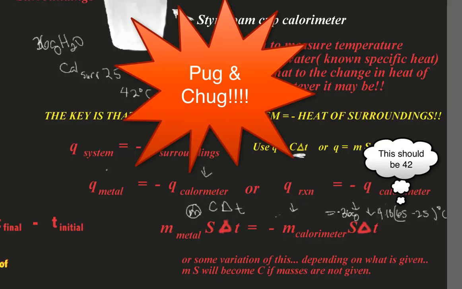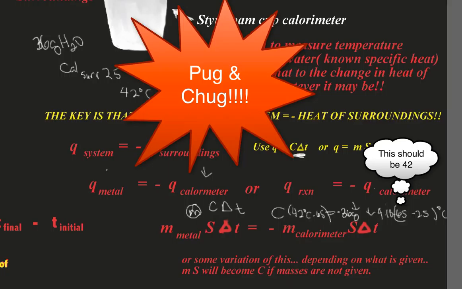And then the left side would be the C that we're looking for. We don't know the C. And then the delta T, well, we know the initial temperature of the metal block was 65 degrees Celsius, and the final temperature is 42 degrees Celsius. And then you just solve. Literally just addition, subtraction, division at that point. And yeah, 65 was the initial here.